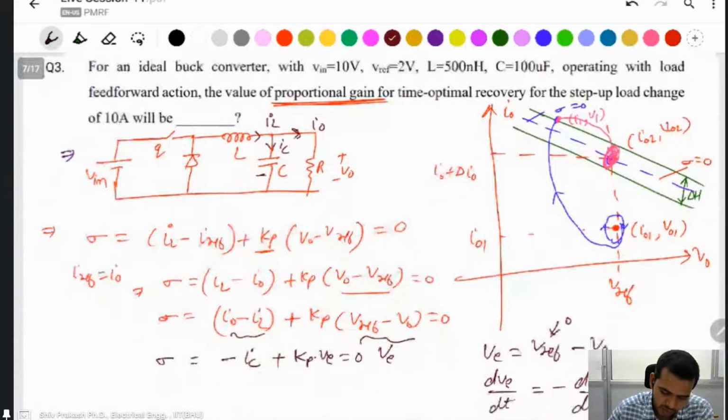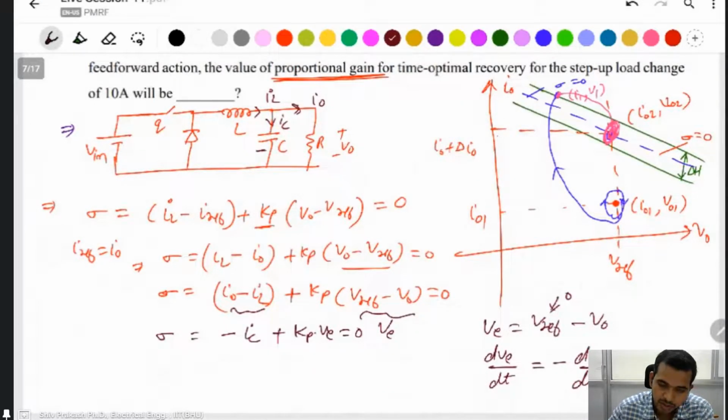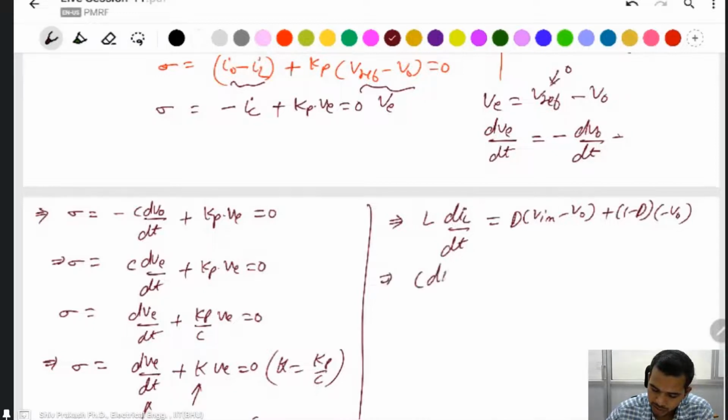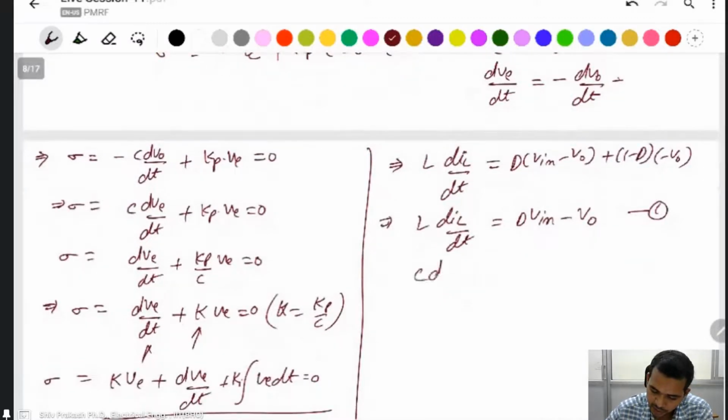If the switch is on, then Vin minus V naught, it means D(Vin minus V naught), and when the switch is off, then minus (1 minus D) V naught. If you solve this, then you find D Vin minus V naught. Same thing you apply for the average capacitor current, then you find IL minus I naught.